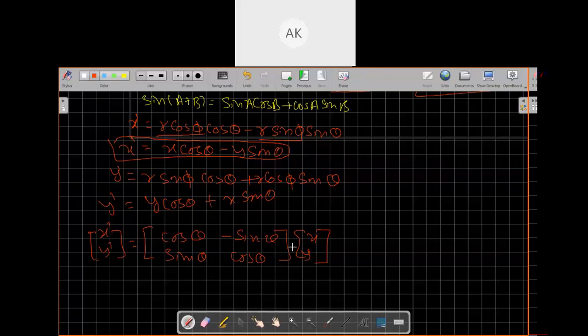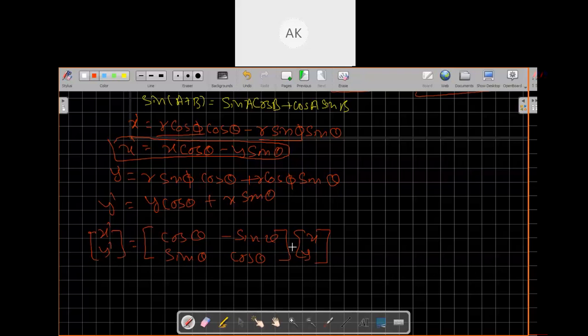So in the form of a matrix, we can write x dash, y dash as cos theta, minus sin theta, sin theta, cos theta into x, y. If you multiply, you can see x cos theta minus y sin theta is the value of x dash, as you can see here.